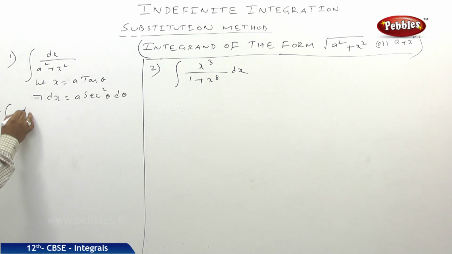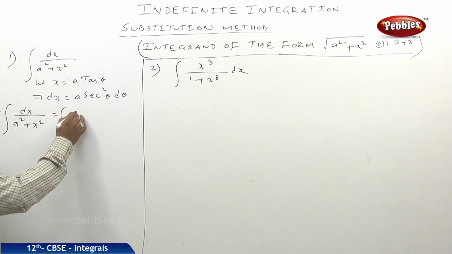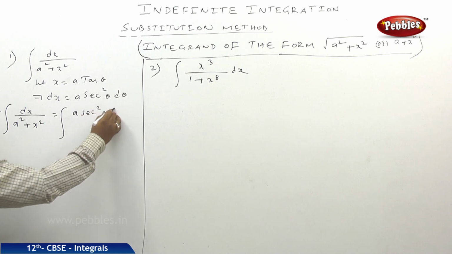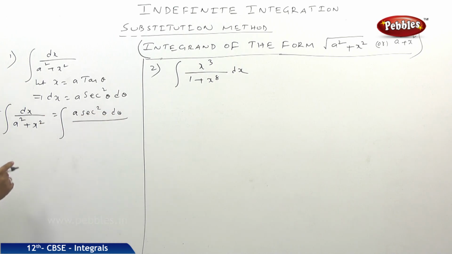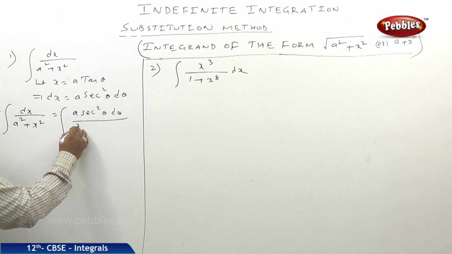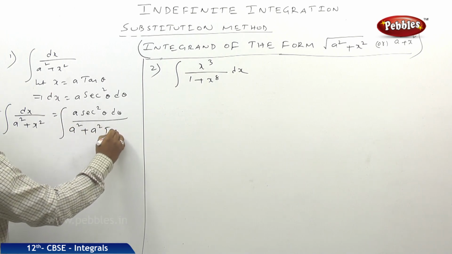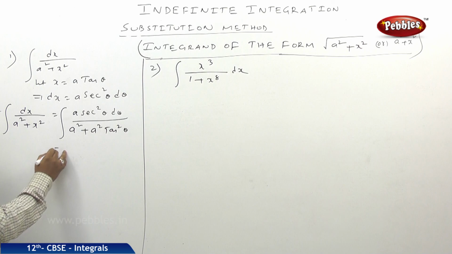Therefore integral of dx by a square plus x square is equal to, dx means a secant square theta d theta whole divided by a square. In place of x I will write a square tan square theta.